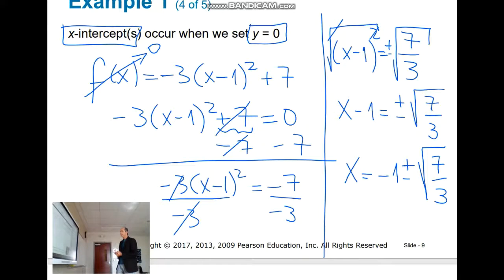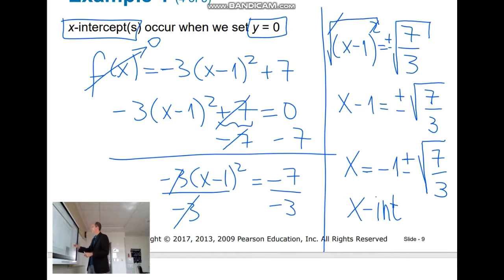And that's it. We're going to have two different x-intercepts. Remember, the x-intercepts are the 2 points where the graph intercepts the x-axis.